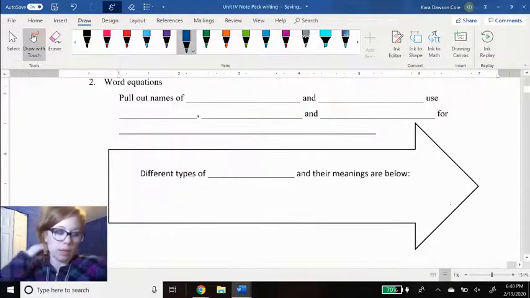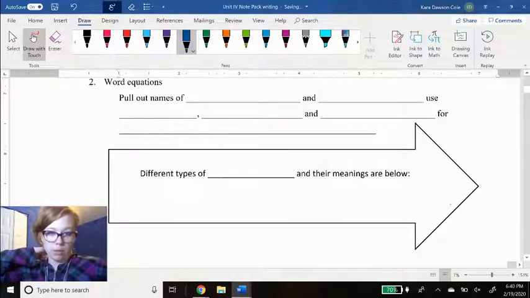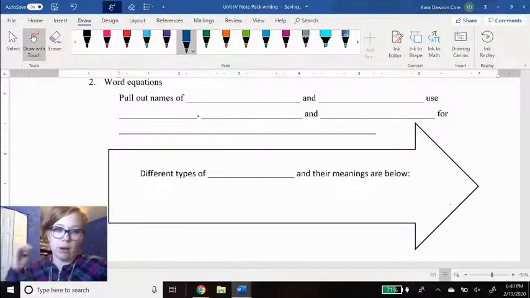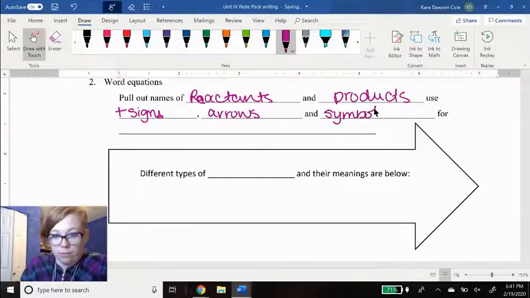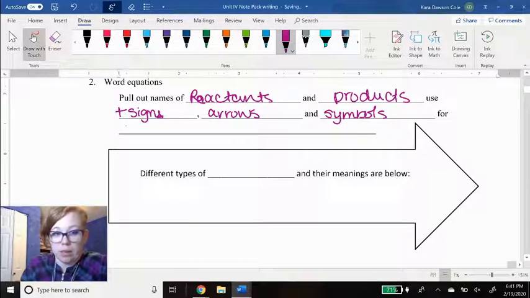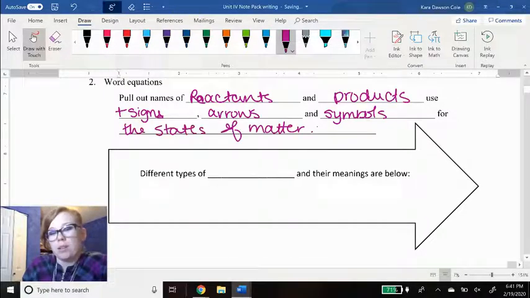Okay. So the second way that we can describe a reaction is by word equations. For word equations, we're pulling out the names of the reactants and the products. We use plus signs, arrows, and symbols for the states of matter. There are a couple of different types of arrows that we can use.